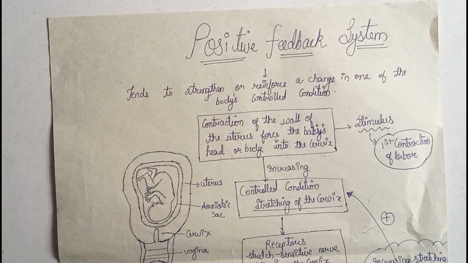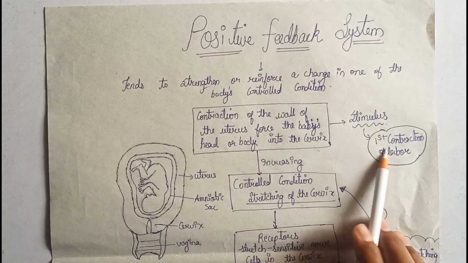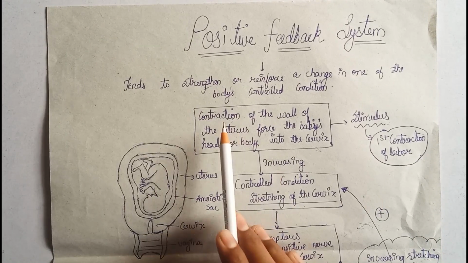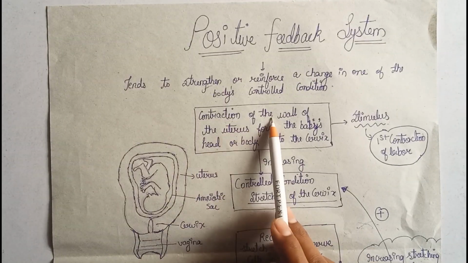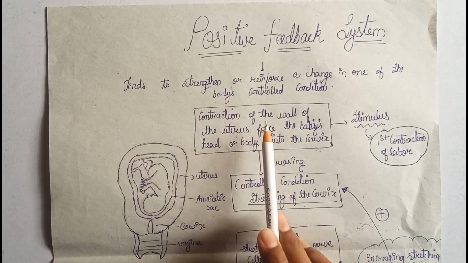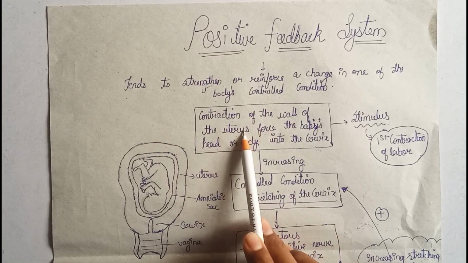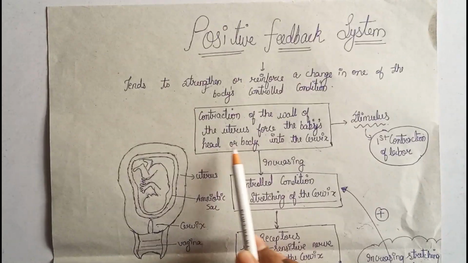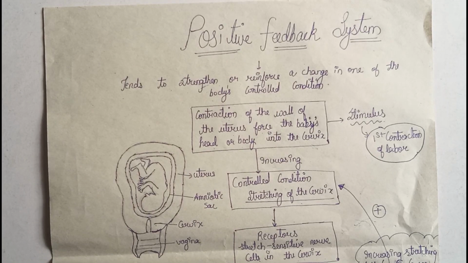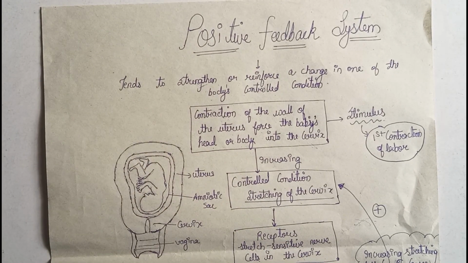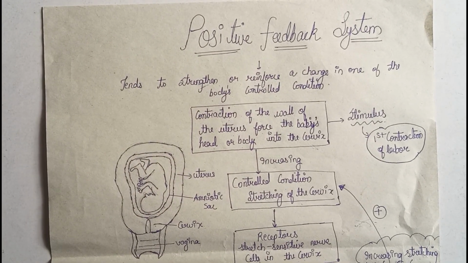Okay, so what is the stimulus? The stimulus is the first contraction of labor, meaning the contraction of the walls of the uterus forces the baby's head or body into the cervix.